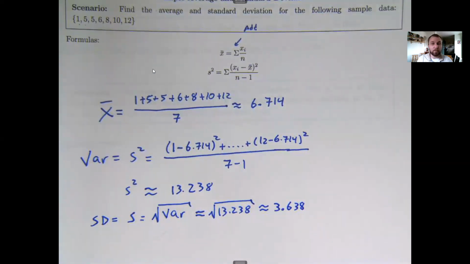And that seems much more reasonable given my data set. So if I'm comparing each of these individuals to 6 or so, on average, they have a gap size of around 3.638. And that's how I find my sample standard deviation and my sample average.